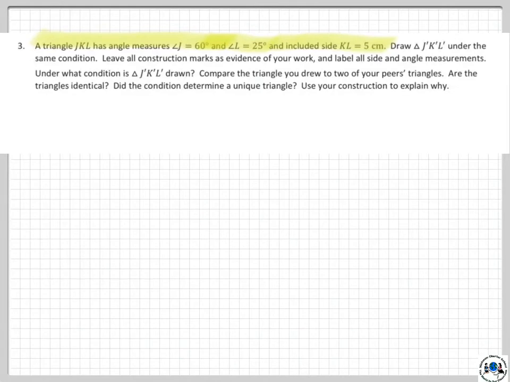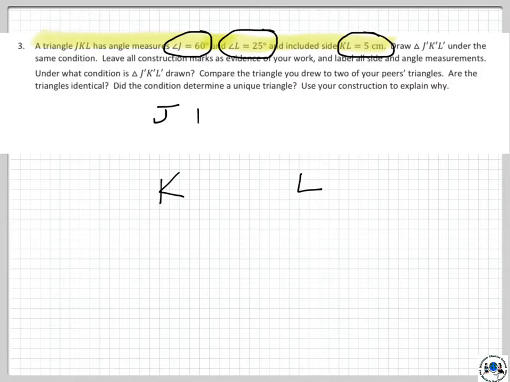Okay, so right away you might have noticed something different when they've given you these conditions. They gave you angle J and angle L, and they gave you side KL. We just drew a random triangle right now. You always follow the letters. So if we had JKL, for example, we'd draw it like that.